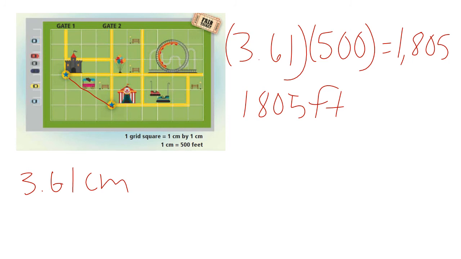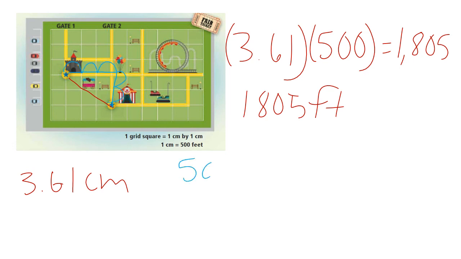Now if you remember back at the beginning, Jim, the other guy, said that the shortest path to get between those two tents is going to be going first to the right and then down, and each space is 1 centimeter, so that's going to be 1, 2, 3, 4, 5.